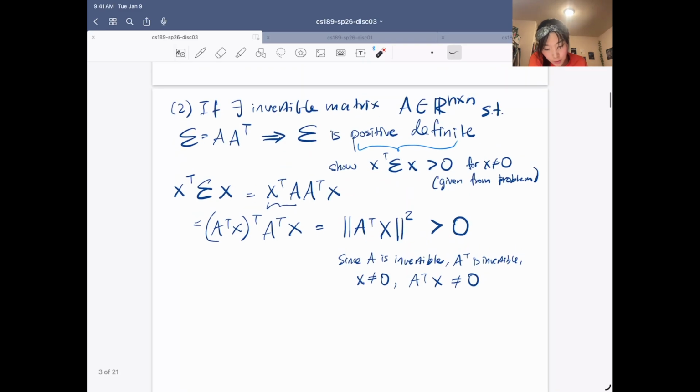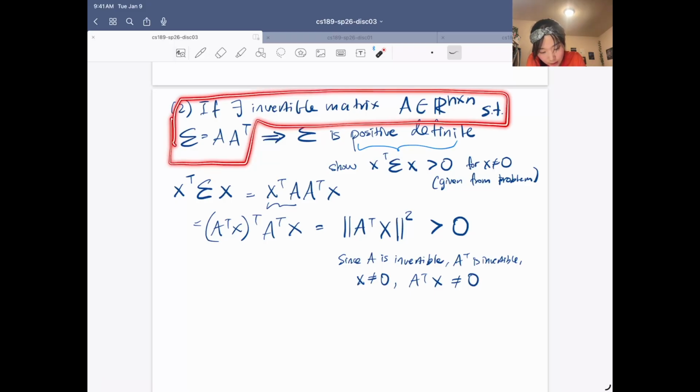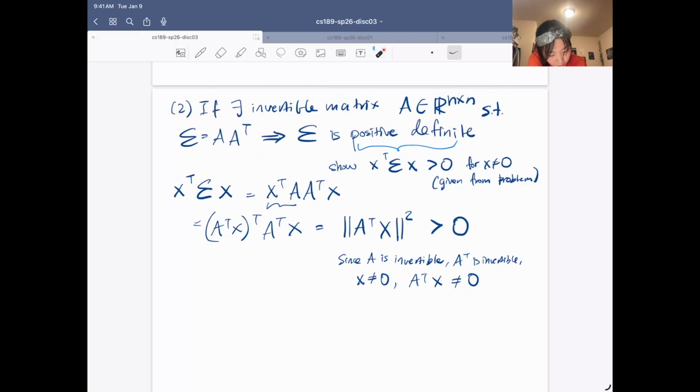And thus we have shown that given these properties, some invertible square matrix A, such that this holds true, x transpose times this matrix times x is greater than 0. And because we have shown this, we have therefore proved that this sigma matrix is positive definite.